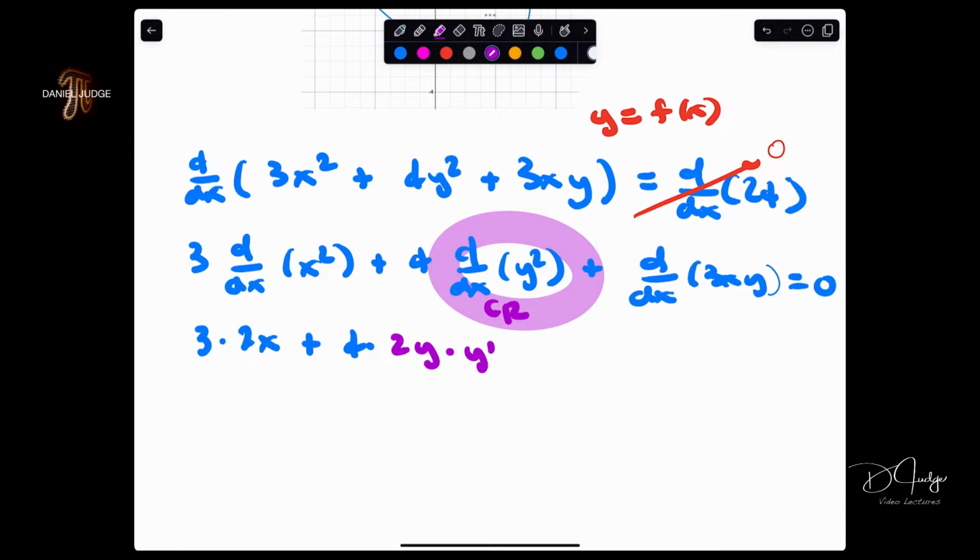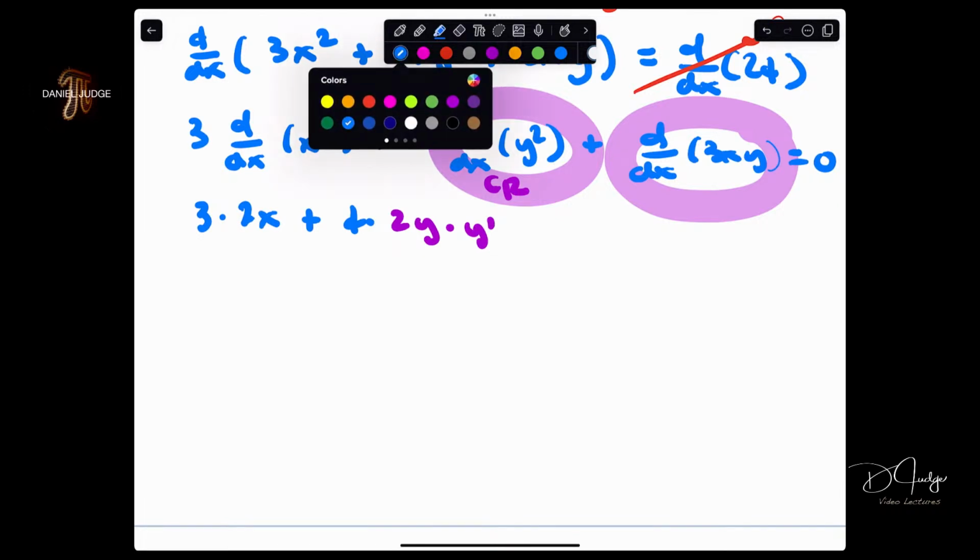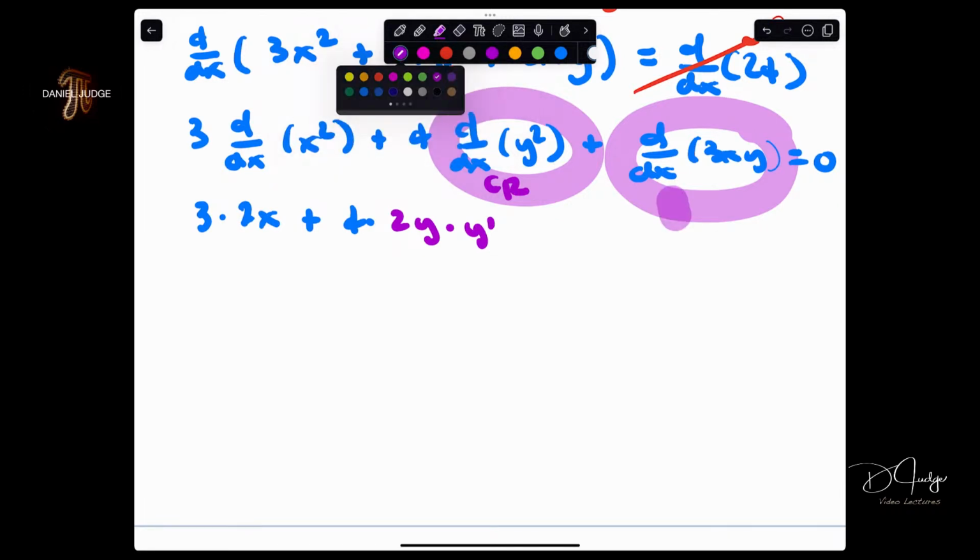Now, this derivative here, this next one, we're going to focus down here. And this is going to be product rule. So you can do product rule here.